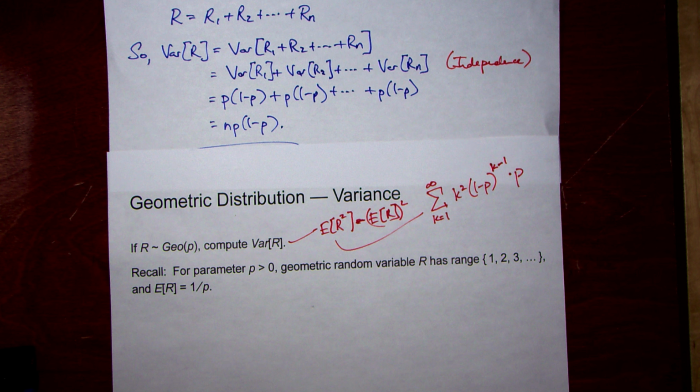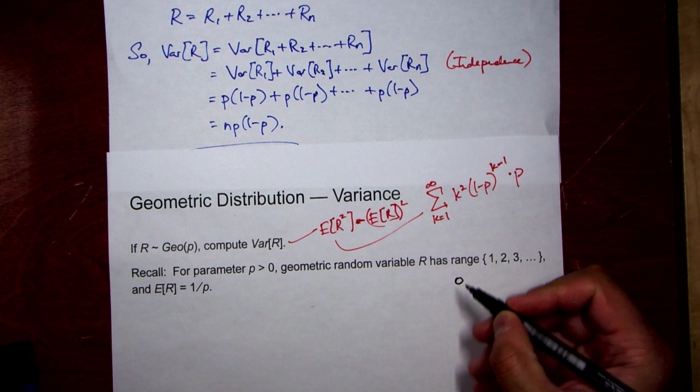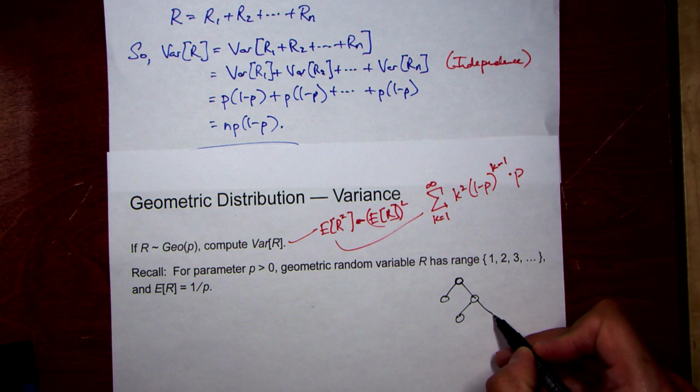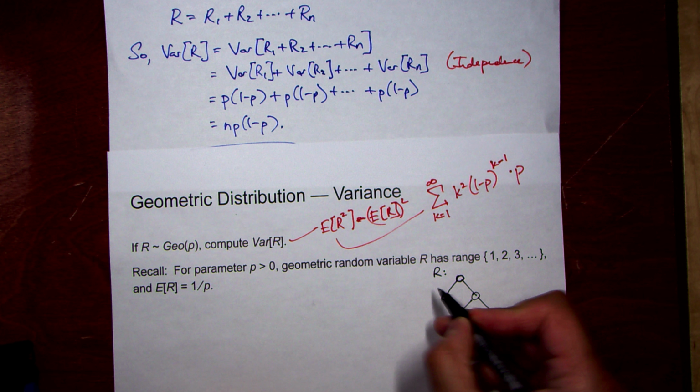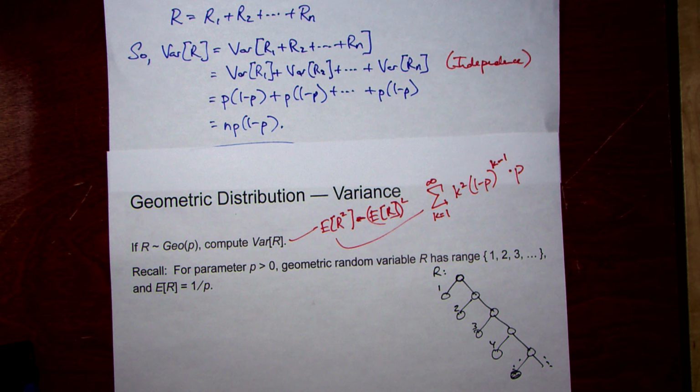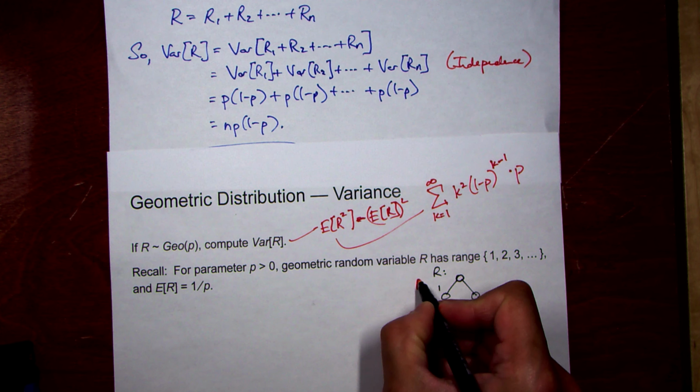Okay, so just to remind you what the tree looks like. This is what the tree looks like. Okay, R. R is this tree, 1, 2, 3, 4, 5, and so on. And we're interested in R squared.